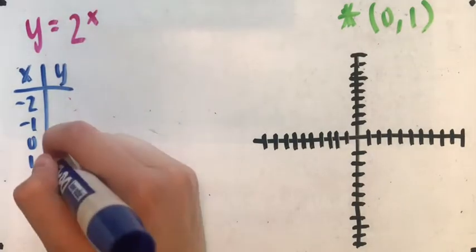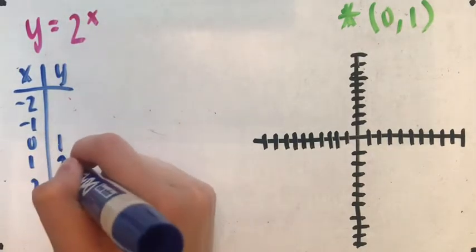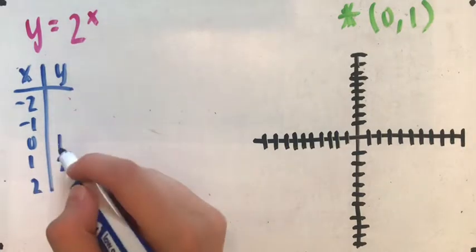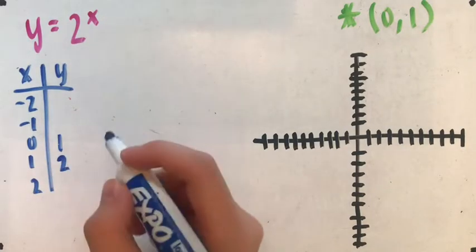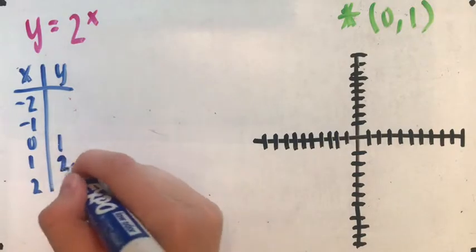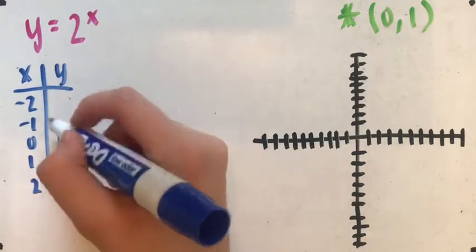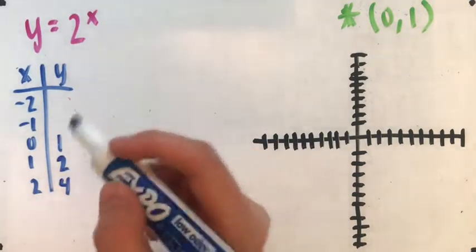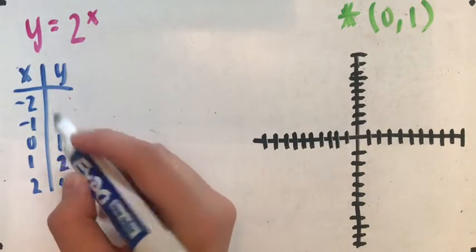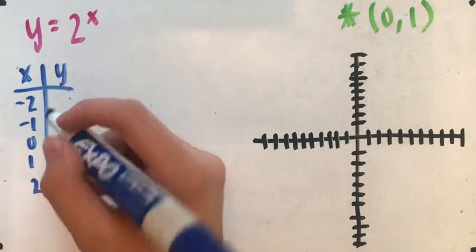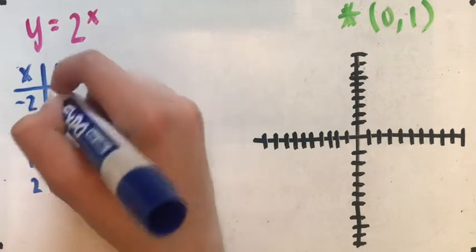So today it's 2, and then you keep multiplying by that same 2. So now 2 times 2 is 4. And then to go backwards is just the same thing in fraction form, so it would be 1/2 and 1/4.